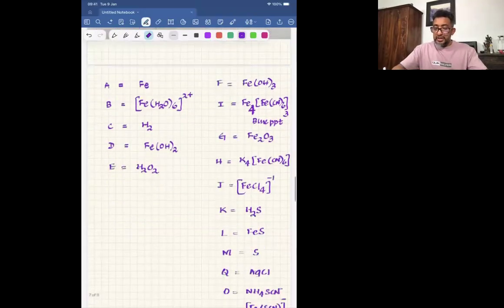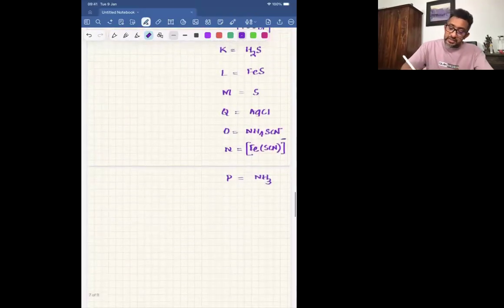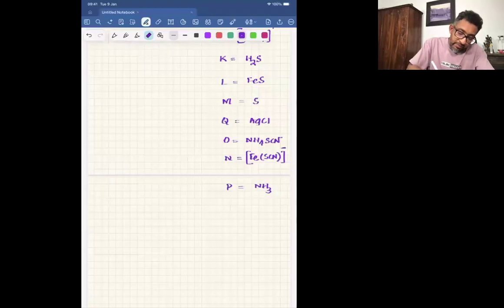Right? So here you have several complexes. Fe3+ with SCN⁻ gives you [Fe(SCN)]²⁺. Fe is +3, SCN is -1, so the charge is 2+.